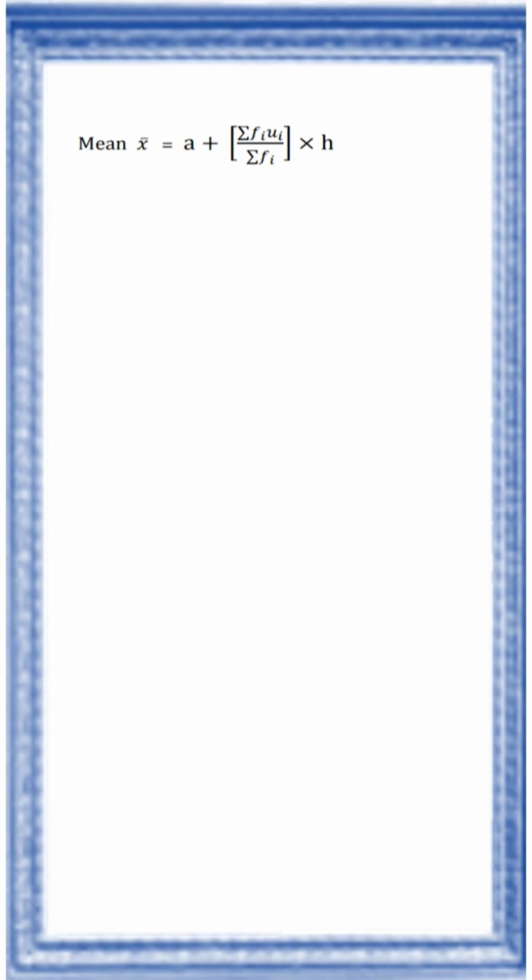Here mean is equal to a plus (summation of fi ui upon summation of fi) into h. a is 32.5, summation of fi ui is negative 54, summation of fi is 60, h is 5.